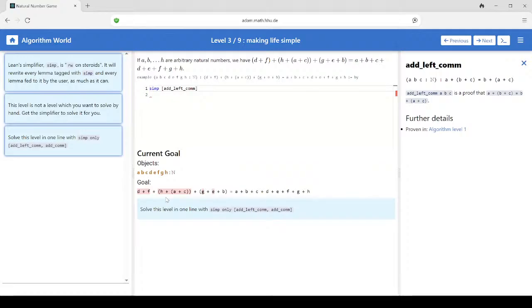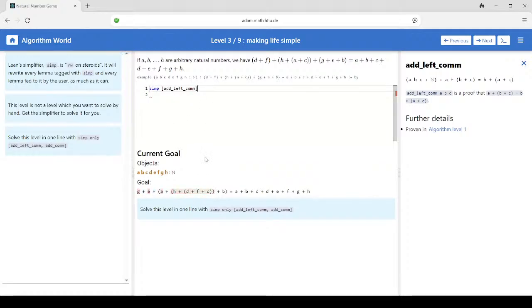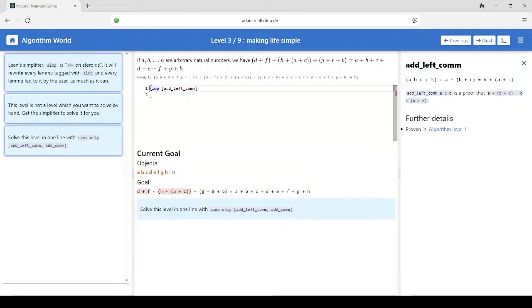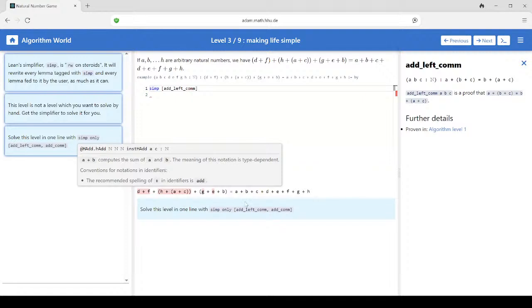So H, what happens to this block? H plus A plus C, is that still intact on the other side? H plus A plus D plus F plus C. So this D plus F somehow got in between here.